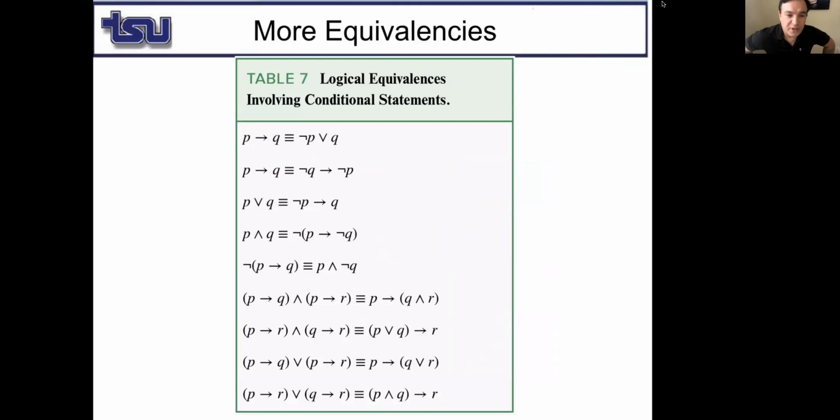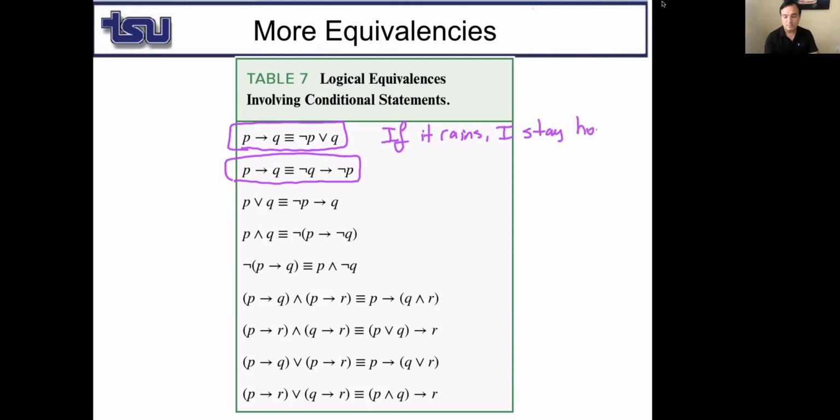Okay, here are some more equivalences. We have already seen this one. We already did this one. You need to get familiar with it. This is extremely important. And this is the contrapositive from last lecture, if you remember. P implies Q is equivalent to not Q implies not P, okay? For example, think about it this way: if it rains, I stay home.